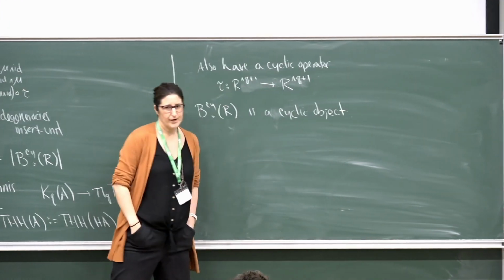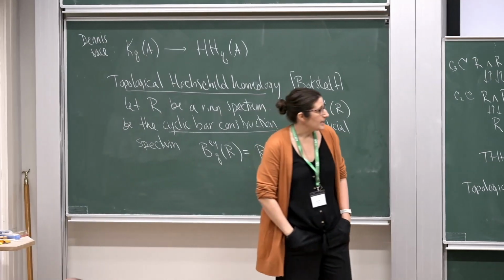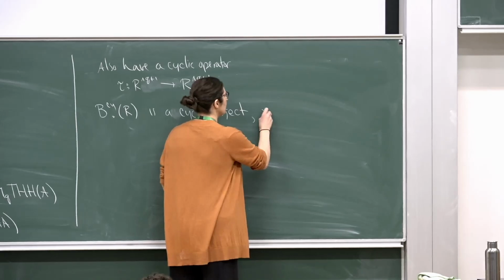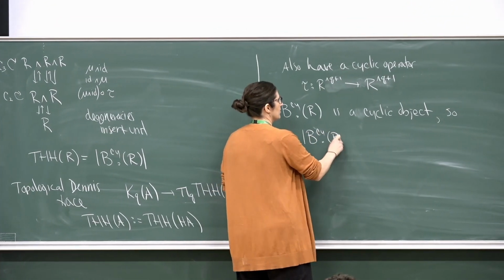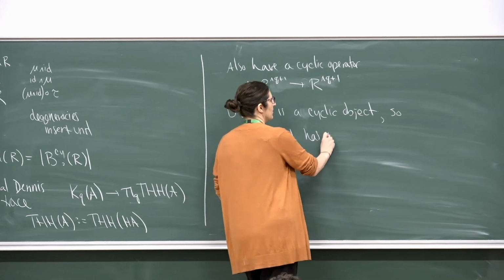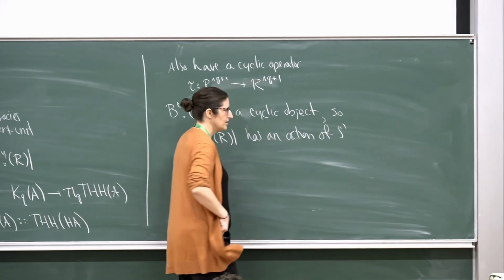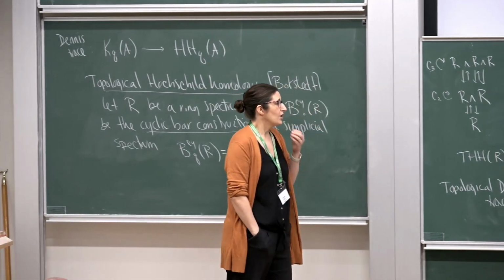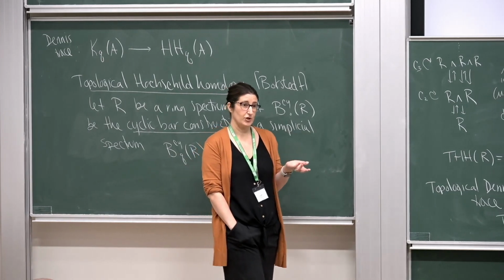And there's a whole theory of these cyclic objects. And one reason that we like them is that when you geometrically realize a cyclic object, you get an S1 action. So the geometric realization has an action of S1 by Connes' theory of cyclic sets. Okay, so in particular, it means topological Hochschild homology has an action of the circle.